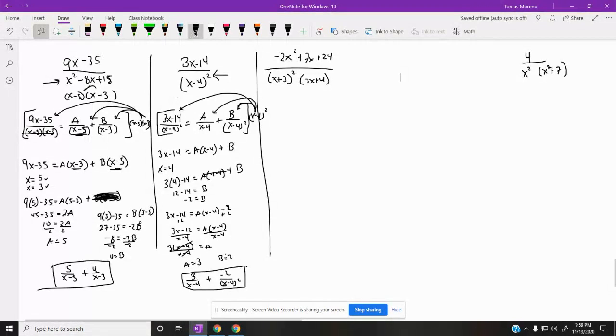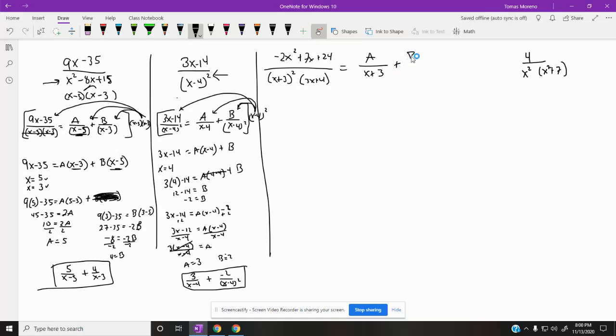So now we're going to be dealing with more than two variables, right? So we're going to write it. You know what? I'm just going to do it right here. So then we know that we're going to have a over x plus 3, similar to what we did here.